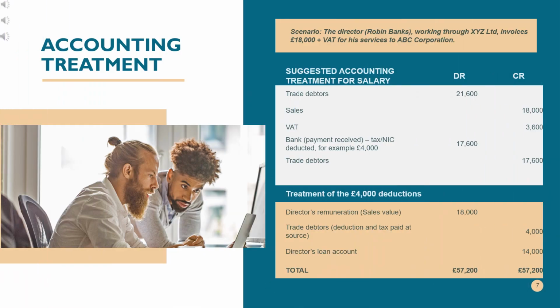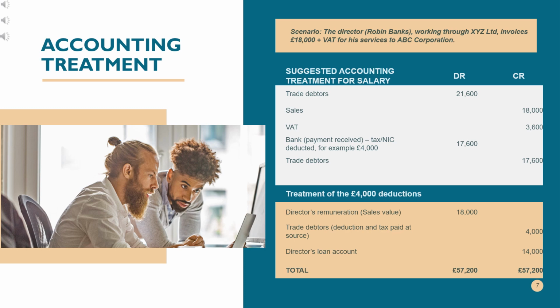So let's put what we just discussed in an example. Let's say Robin Banks, working through his own limited company, XYZ Limited, invoices ABC Corporation 18,000 plus VAT for his services. How is that treated in the accounts of XYZ Limited?